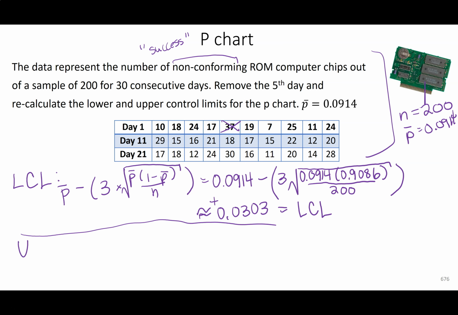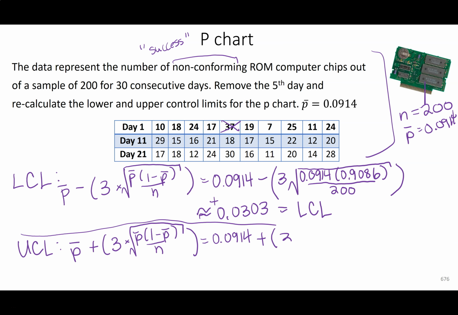And then the upper control limit is P bar plus that amount. So it's going to be the square root of that, 0.0914 plus 3 times. I might just not try to do the mental math here.